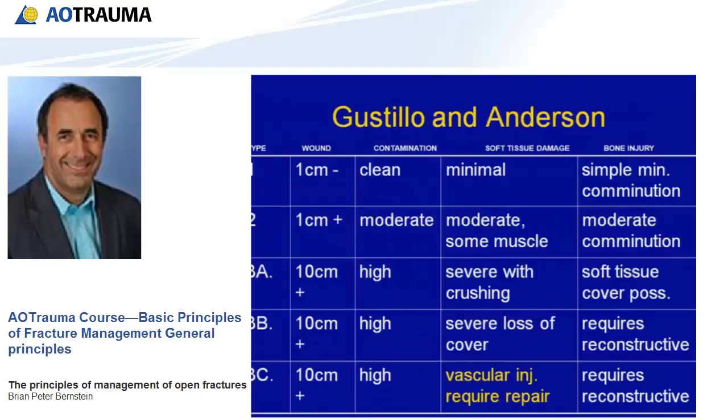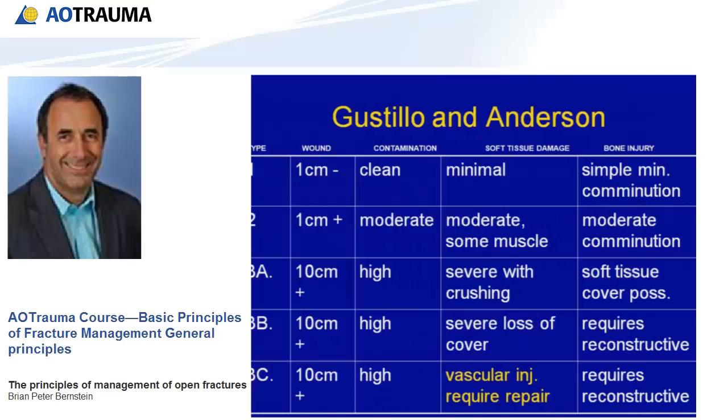It's grade 1, 2, and 3, and the 3 is divided into an A, B, and C. And that's based on the size of the wound, the degree of contamination, the amount of soft tissue damage, and the bone injury, and that's often the forgotten part.